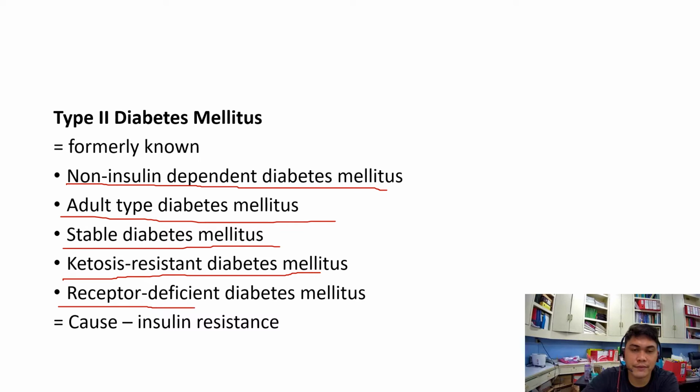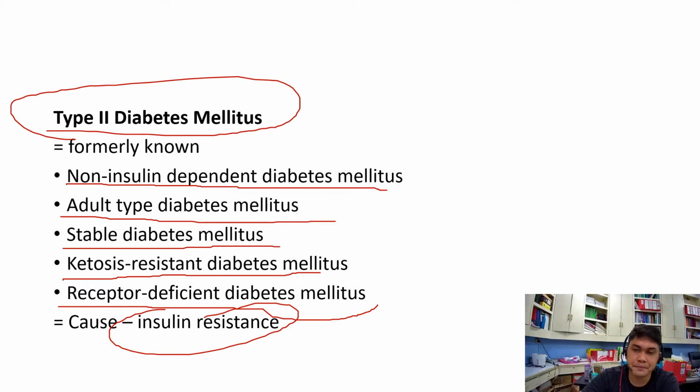And receptor deficient diabetes mellitus. Now, in type 2 DM, there's no deficiency in the insulin receptor. The problem is the receptor is resistant to insulin. So for type 2 diabetes mellitus, the cause is insulin resistance.